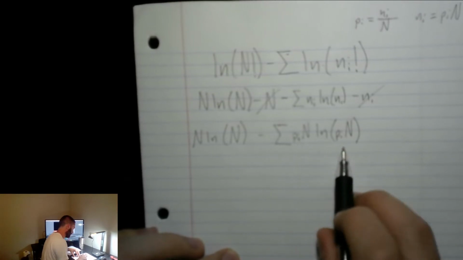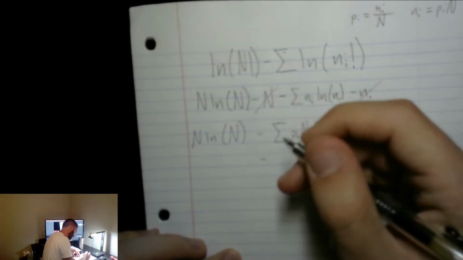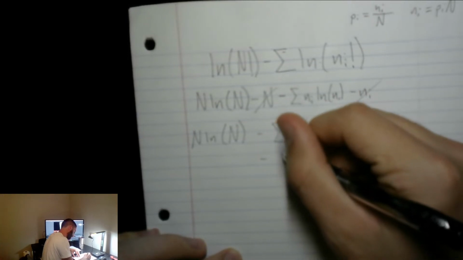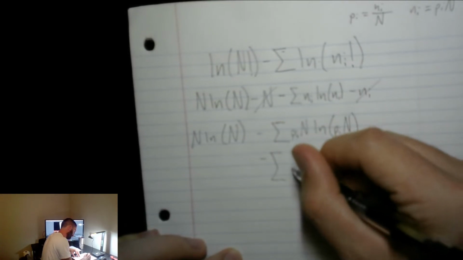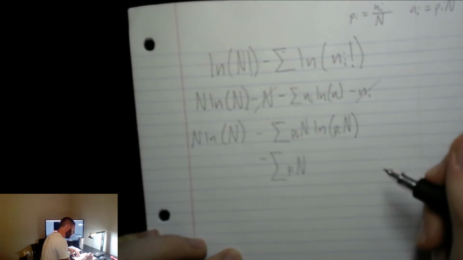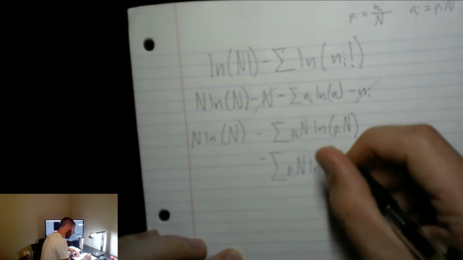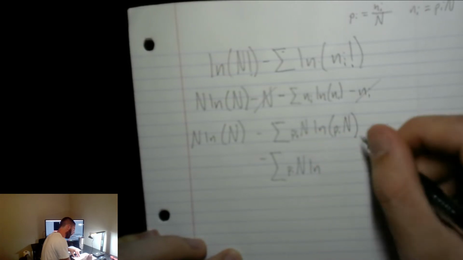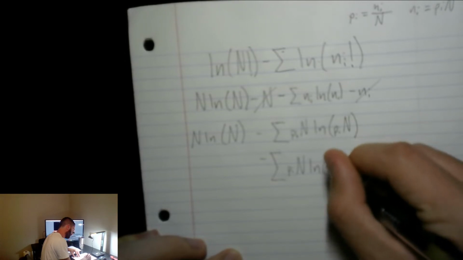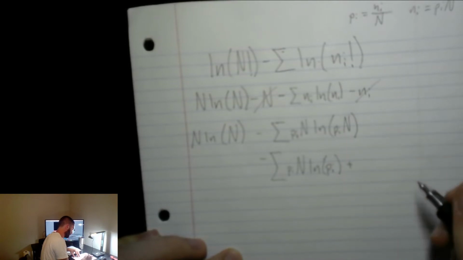Now we'll use log rules again. So we can split this summation into the sum of the probability times big N times the natural log of the probability, and then we add because the terms are multiplied.